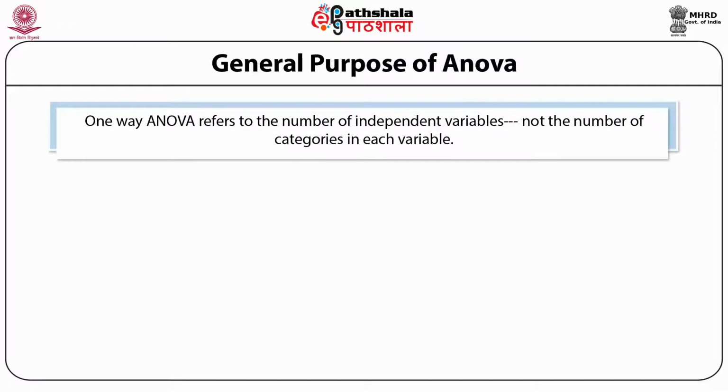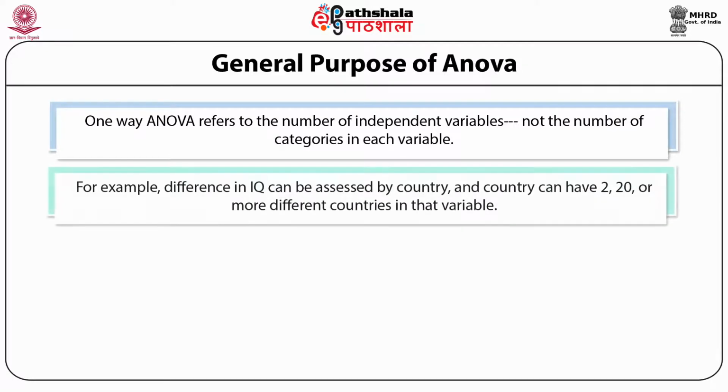One-way ANOVA has just one independent variable. One-way analysis of variance is a statistical technique in which only one criterion, variable or attribute is used to analyze the difference between more than 2 population groups. For example, difference in IQ can be assessed by country. Countries can be 2 or 20 or more in this variable.